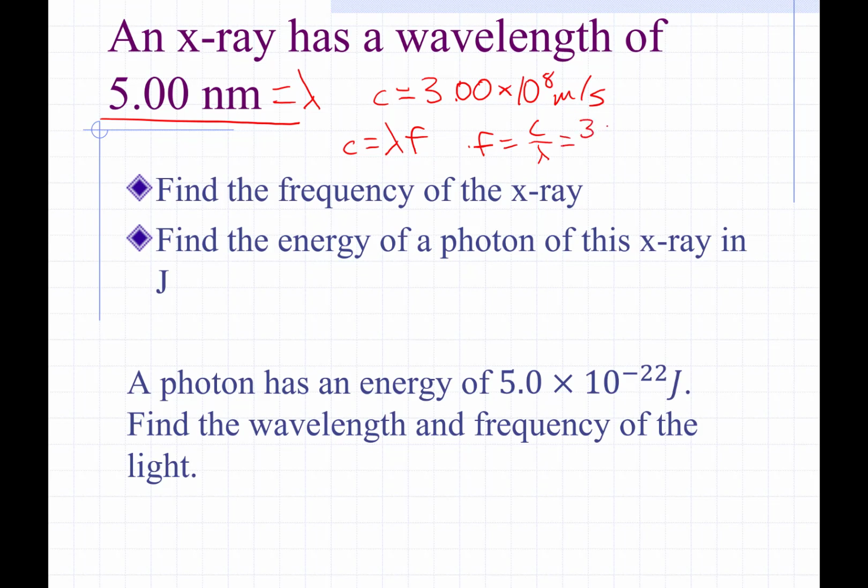So it's going to be 3 times 10 to the 8 divided by 5 nanometers. Nano is 10 to the minus 9, so 5e minus 9. Plug that into a calculator, although probably don't have to because these numbers are so round. We get 6.00 times 10 to the 16 hertz. That's our frequency.